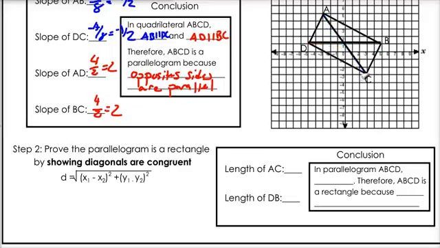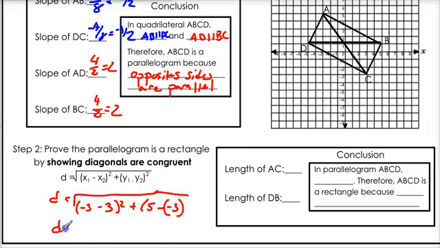I'm going to go through this pretty quickly because there's another example we're going to do. But let me just quickly show you how you'd find the distance from A to C to find the length of it. Well, you plug into the formula, d is equal to negative 3 minus positive 3. Those are our x values. Alright, and then we're going to do our y values. Well, A is 5, so it's going to be 5 minus, and C is negative 3.